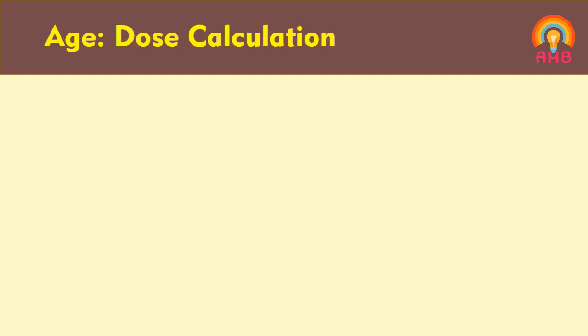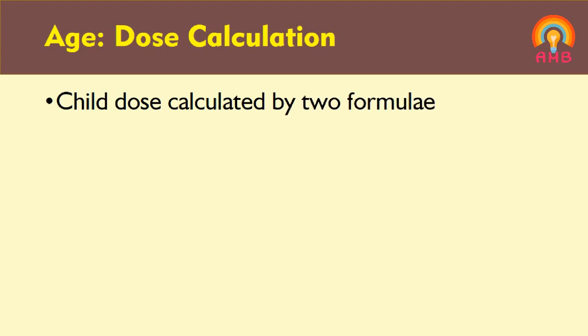Then how much drug is to be given to children? How is the dose calculated for a child? In the case of children, dose is calculated by two formulae, Young's formula and Dilling's formula.